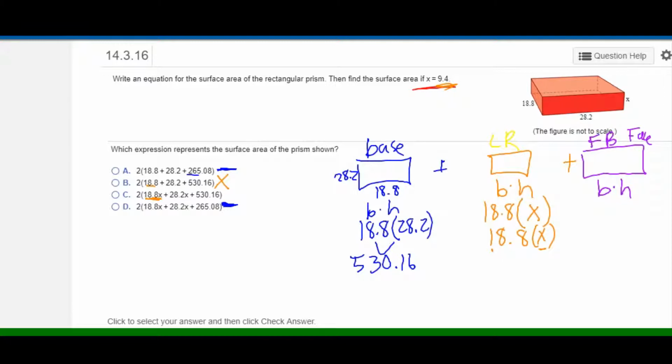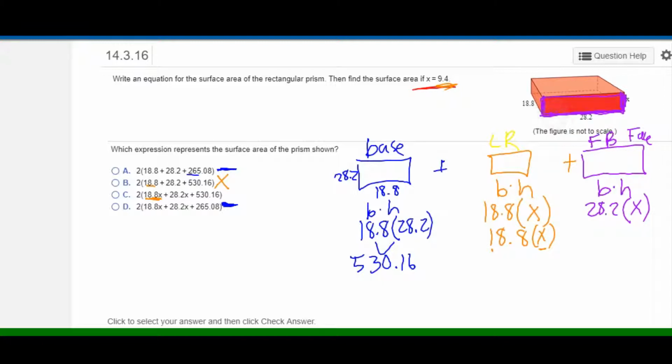I'm going to outline the face. I'm going across x, because that's parallel to this, and I'm going across 28 and 2/10. So my base is going to be 28 and 2/10, and my height is going to be x, because those are the dimensions I have to use to find my area.